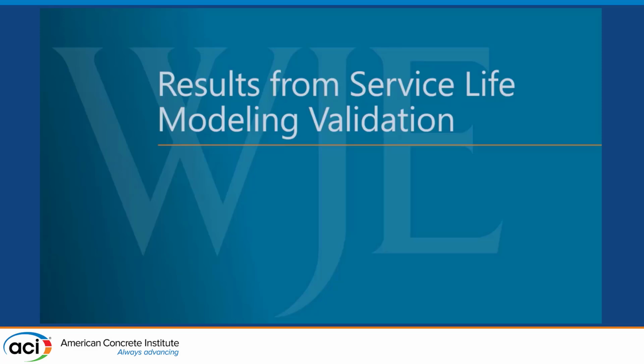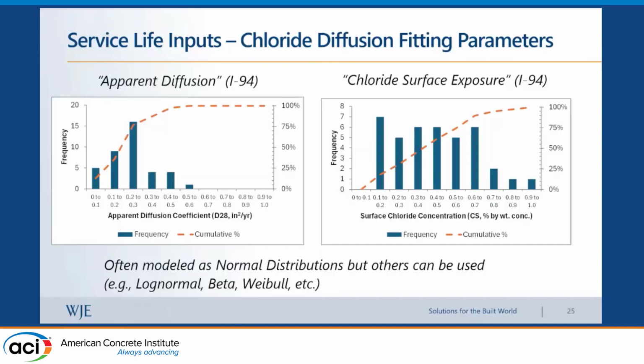So getting into the results from the service life modeling validation here. We looked first at the distribution of the different input parameters. For example, here I'm showing on the left the diffusion coefficient values that we have seen from the bridges along I-94, and on the right the surface chloride concentration.